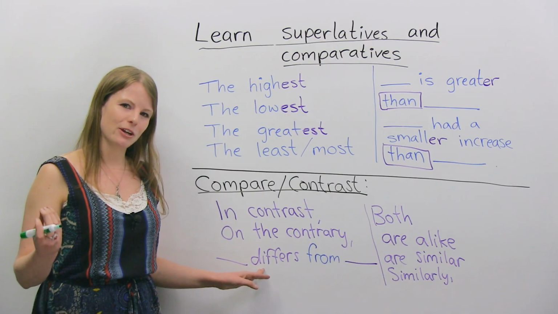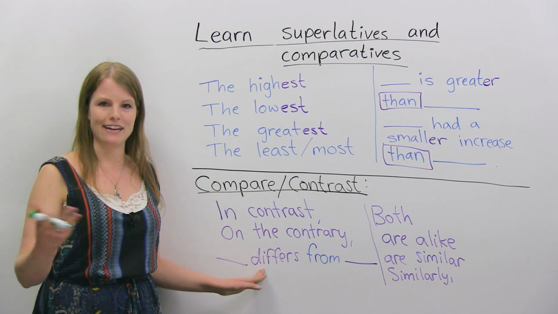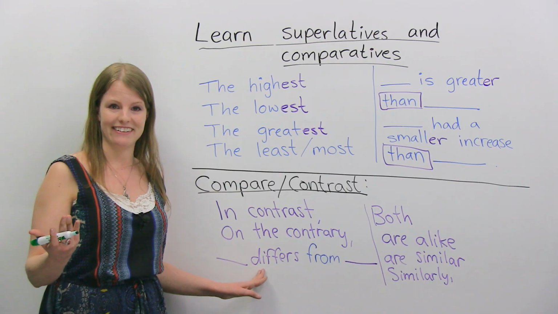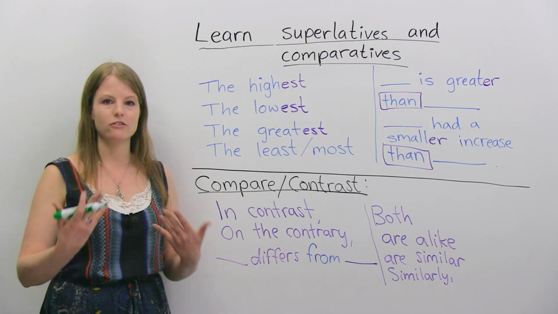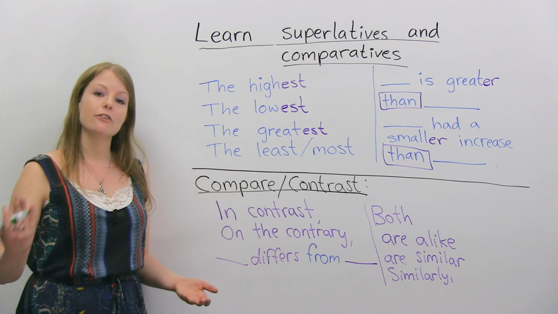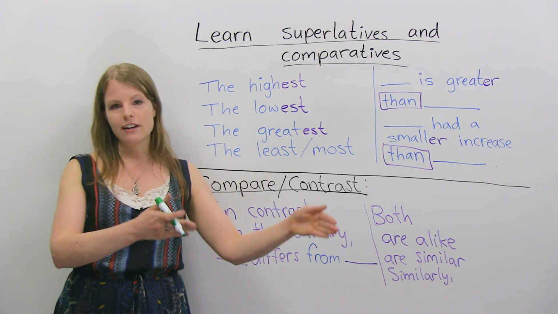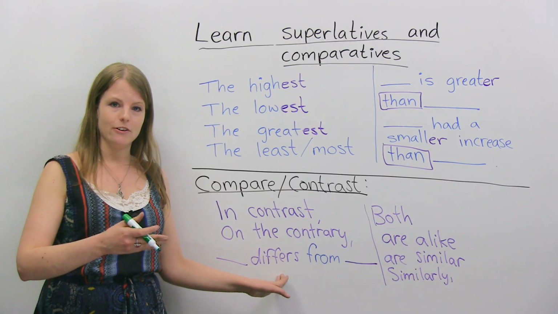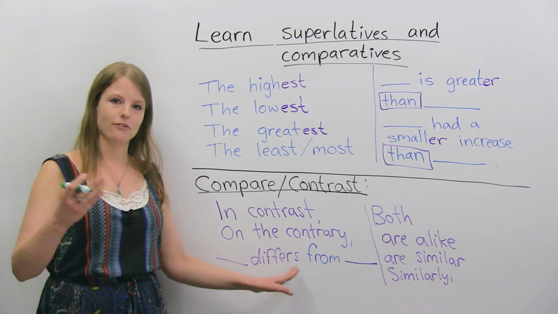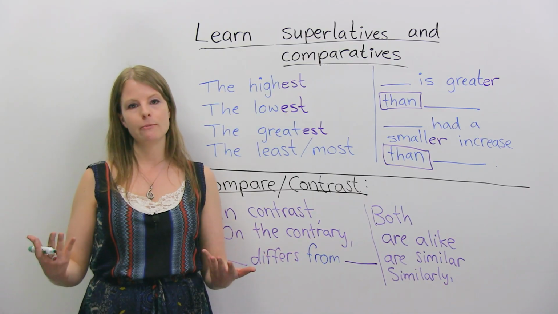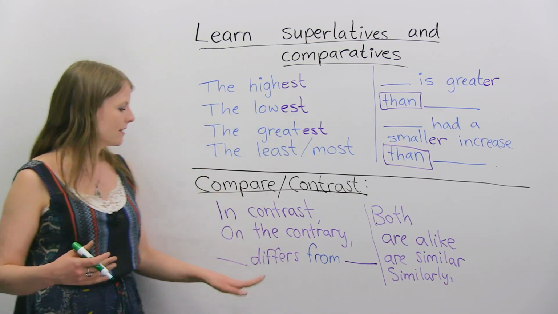A lot of students don't know about this word, but I think it's great whenever you're doing comparisons. Differ is a verb, and it means to be different from. For example, Toronto differs from Vancouver. Montreal differs from Toronto. It just means that there's a difference.